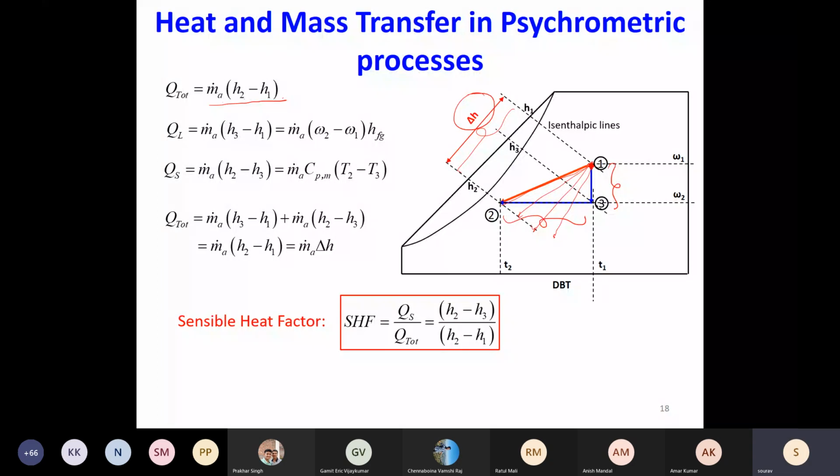So let's say the total heat transfer is 20 kilojoules per kg of dry air. So this difference is fixed. And I say out of the 20 kilojoules, 5 kilojoules is latent heat transfer, which means that this minus this is the latent process. This is equal to 5.